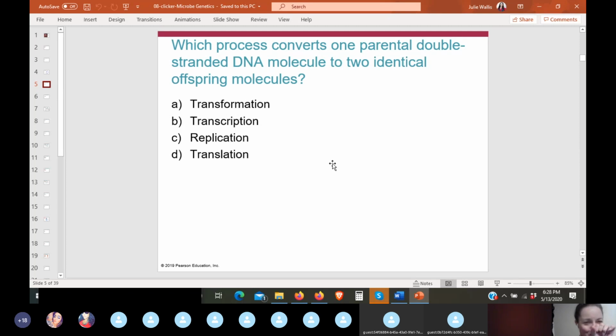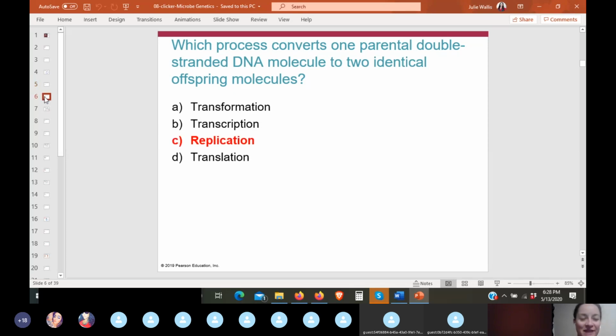I hate this. Which process converts one parental double-stranded DNA molecule into 2 identical offspring molecules? There are different processes for protein synthesis, and then there's the process for copying the genetic material. I don't want to say the word because I'll give it away. Most of you said replication. That is correct.